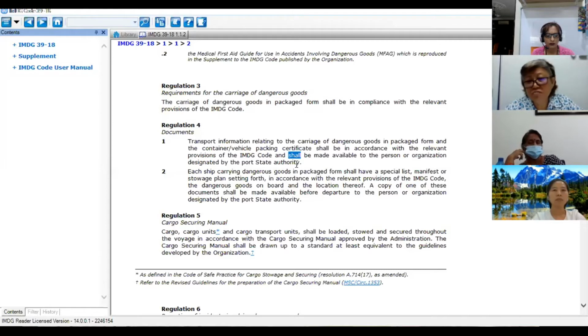I can call it in my MSDS packing group 3, but when I submit it to the shipping line, they'll come back and say no, this one you have to declare under packing group 2, because the port wants it to be, or the shipping line. The difference here is, in terms of price, a packing group 3 and a packing group 2 carries a different cost.